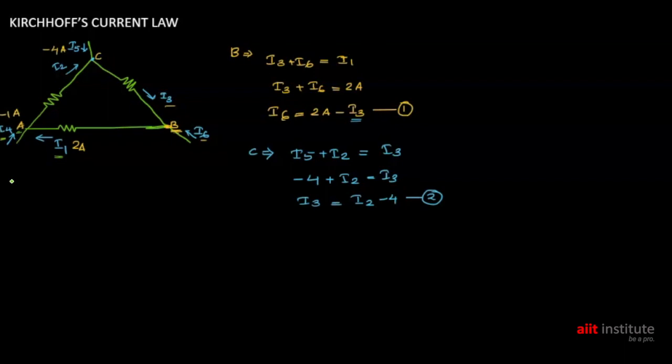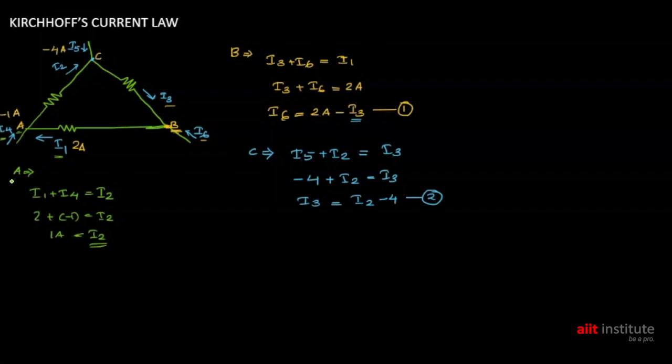So by applying KCL on node A, I1 plus I4 equals I2. We know the values of I1 and I4, right? So 2 plus minus 1 equals I2. 1 ampere equals I2. So we got the value of I2.